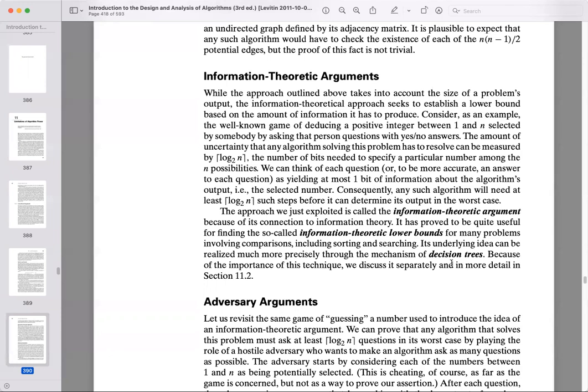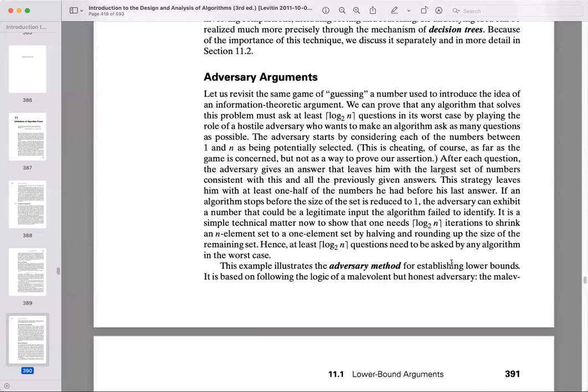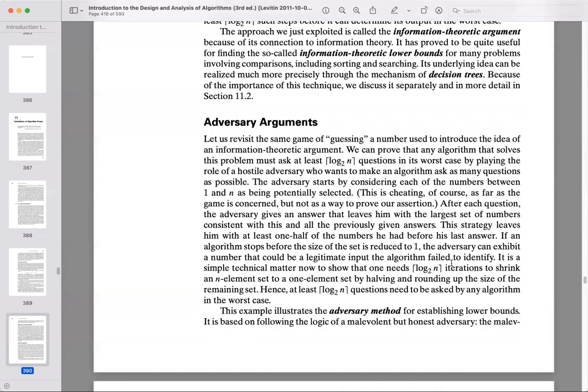So the way to look at that is that whatever n is, it could be represented in 4 binary digits, from 0000 to 1111. Then you can ask yes/no questions on each of those bits and get to your answer in that way. Okay, so that becomes the information theoretic argument for that. Okay, and we're going to talk about this idea more when we look at decision trees. And we also talk about it in section 11.